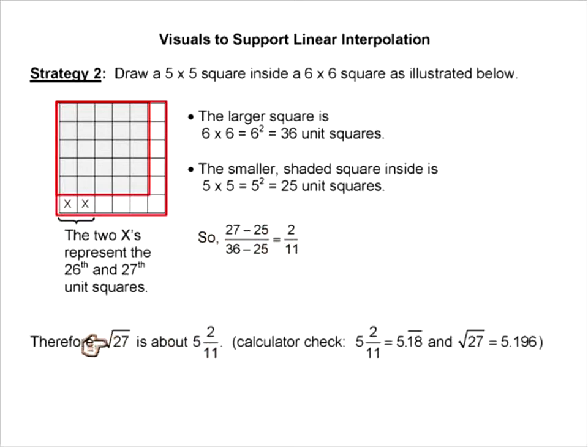And that explains why the square root of 27 is about 5 and 2/11. As I showed you in the previous slide, on the calculator that turns out to be 5.18 repeating, whereas the square root of 27 straight on the calculator is about 5.196. So it's pretty good.